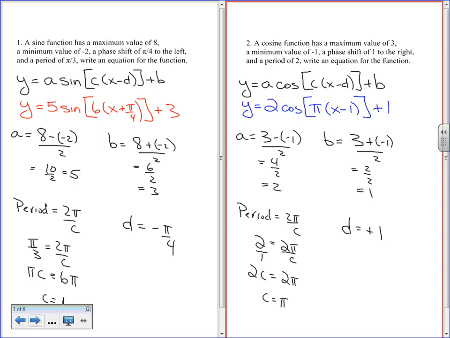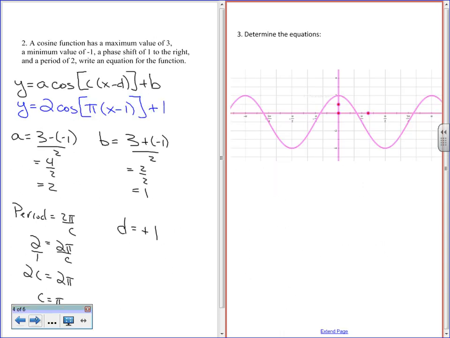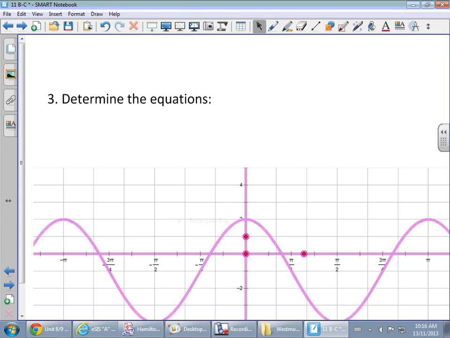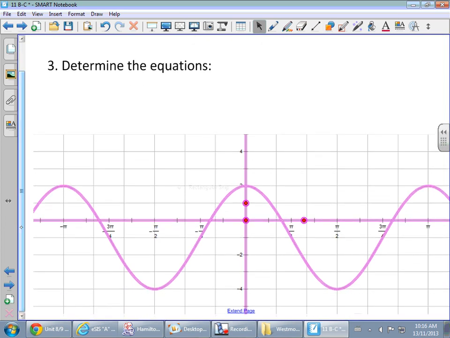Okay. So now we're going to do the exact same thing, but we're going to get all the information from a graph. So I'll just make this a little bit bigger so that we can see it and get some information first before we fill in our A, B, and C values. Now this one says determine the equations.